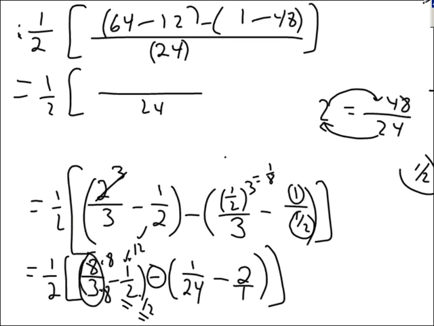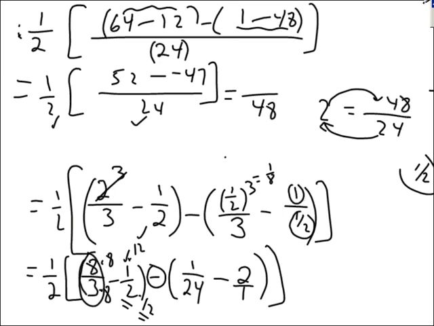Over 24. 64 minus 12, 52, minus 1 minus 48 is negative 47. And you have 48 on the bottom. 2 times 24 is 48. And the 1 you could ignore. Multiplying the numerator by 1 won't do anything. 52 minus negative 47 is 99.